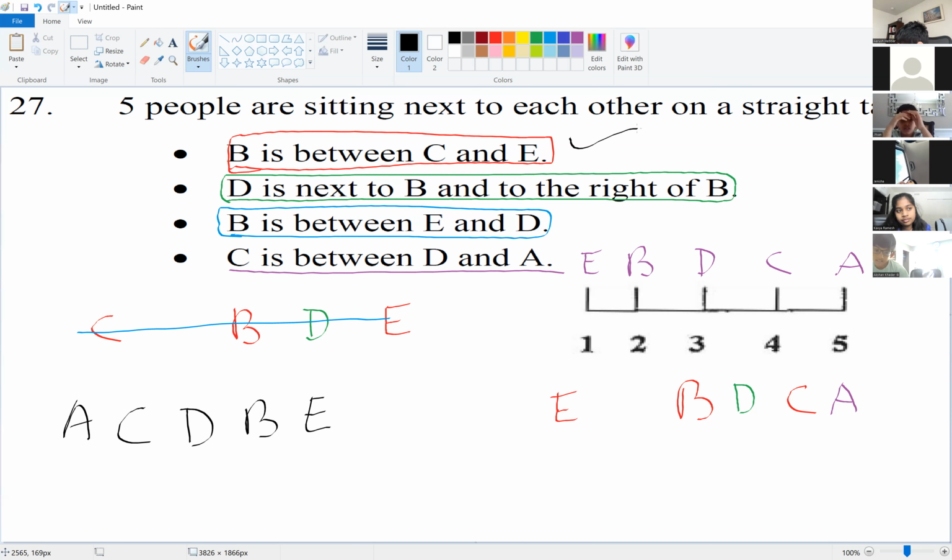B is between C and E. That works. D is next to B. Oh, this one doesn't work. Yeah, that's why I got it wrong. Yep. So that's why it doesn't work. So the correct sequence would be EBDCA.